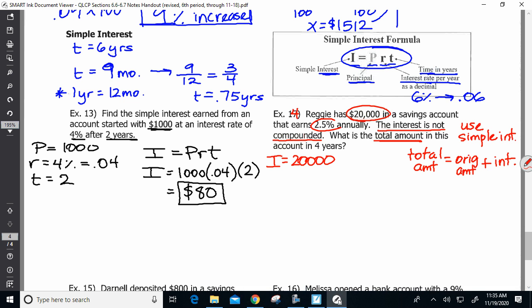That earns 2.5% annually, so R is 2.5%, which has to be changed to 0.025. T is 4 years, and since it's already in years, we're good to go. Side note, most of the time it's already in years. It's very few times where you have to change it.